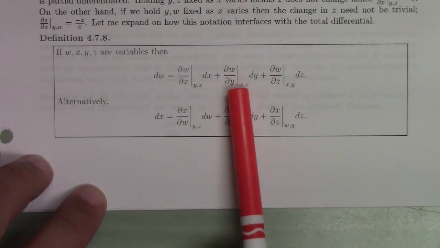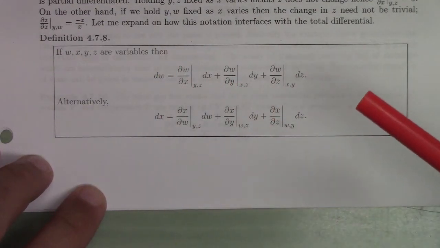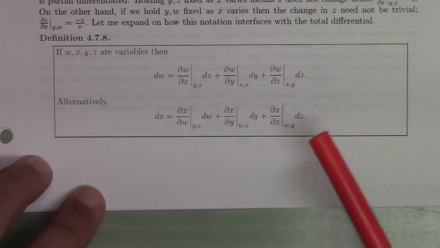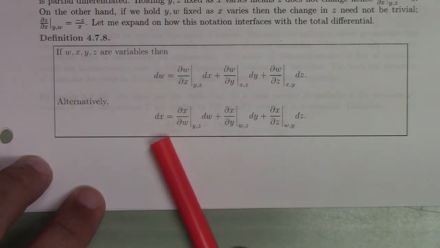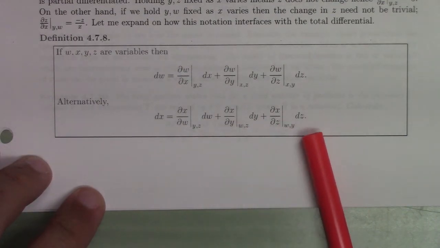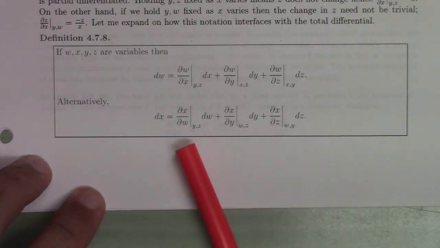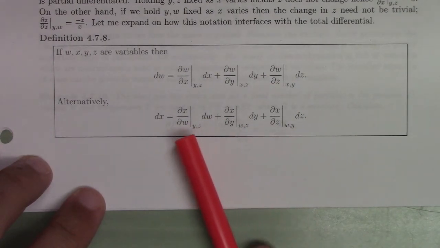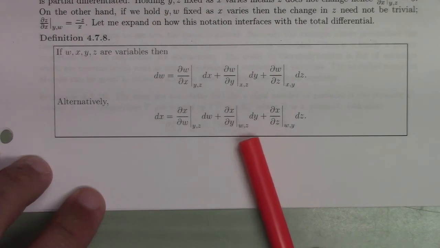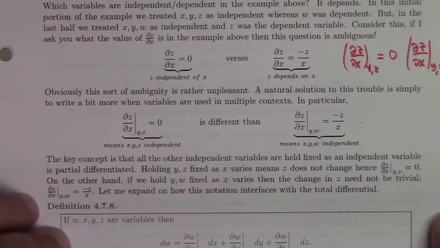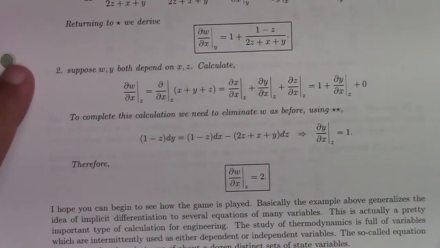Basically, the notation here explicitly indicates that x, y, and z are the independent variables in the first differential. Whereas if we were to look at dx arising from changes in w, y, and z respectively, then we're taking w, y, and z as the independent variables in this expression. See w, y, z, y, w, z, z, y, w.